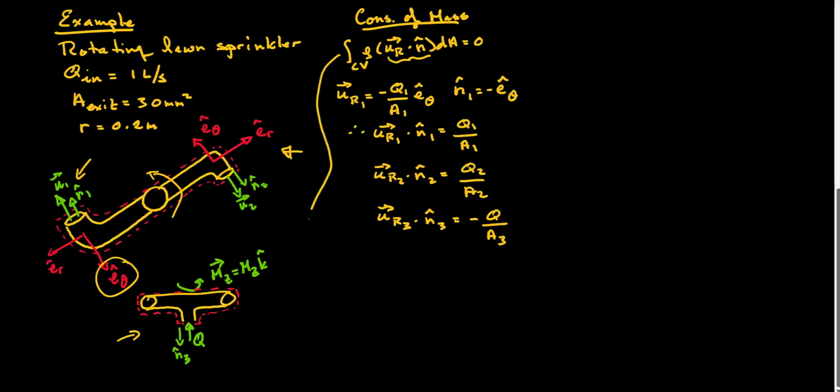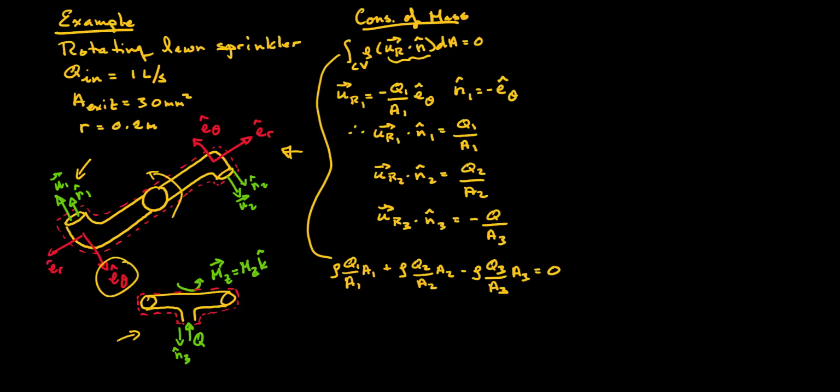And so looking at this statement over here, what we find is that we have the mass flow rate out, which just tells us that the net mass flow rate must be 0.